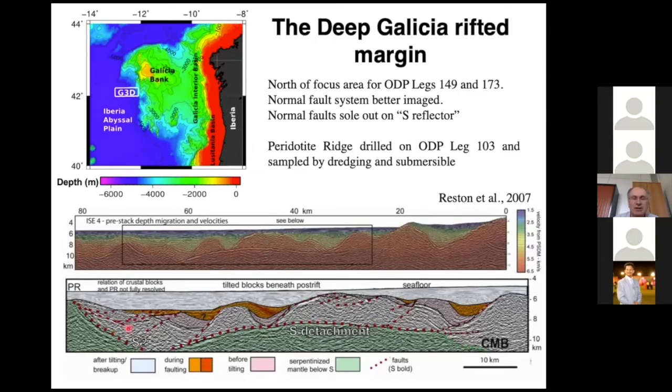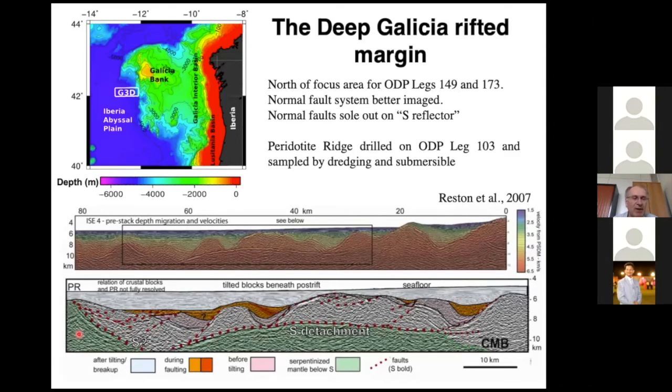So, characteristics. This is again a well-studied area. There's this well-imaged detachment fault, above which the normal faults on the margin seem to be detaching.